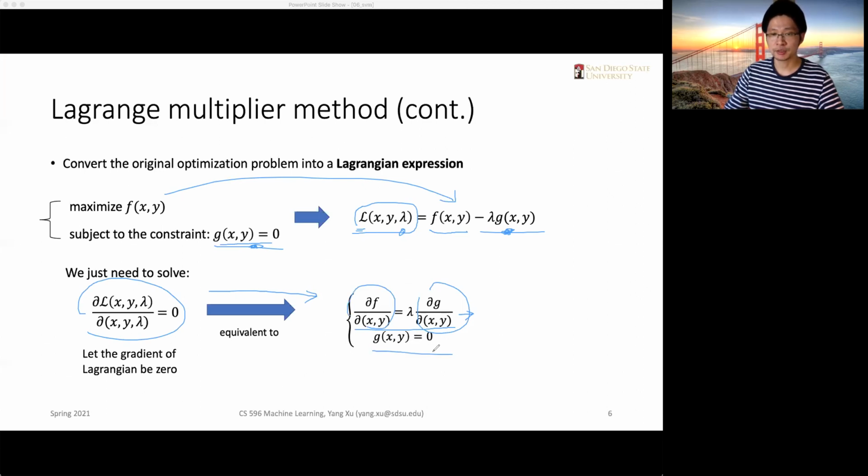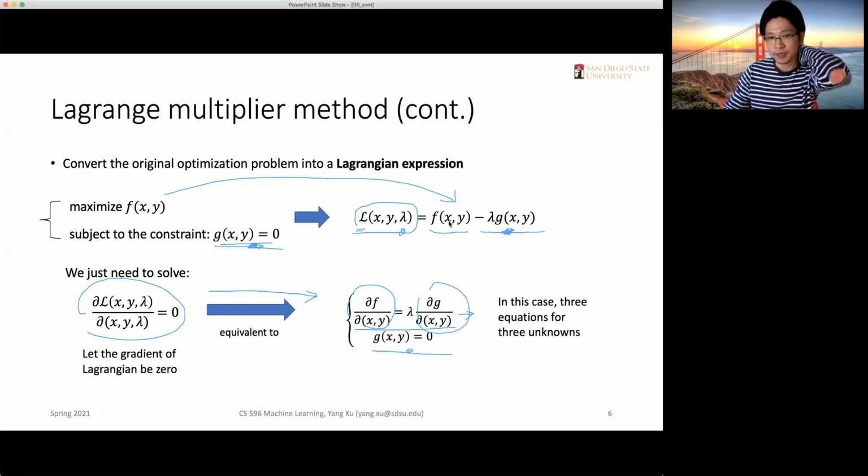And the second condition is the constraint that we have in the original problem. So that is the conversion into the Lagrangian expression. We can use this to solve for lambda, because in this case there are three equations for three unknowns.